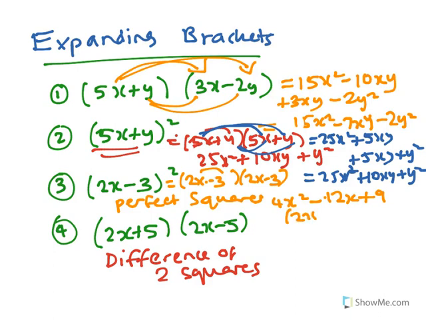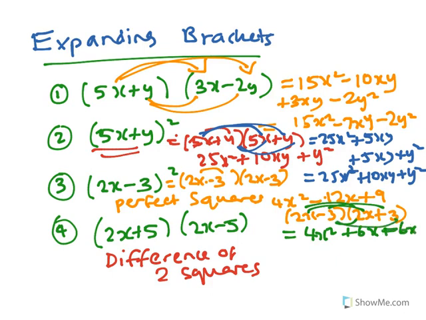Or, alternately, you can do it the long way. You do 2x times 2x is 4x squared. 2x times 3 is 6x. Minus 3 times 2x is minus 6x. Minus 3 times minus 3 is minus 9. So it's 4x squared minus 9. Oh, sorry, I made a mistake there.